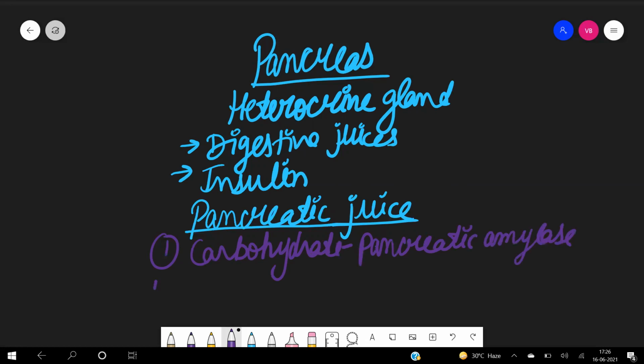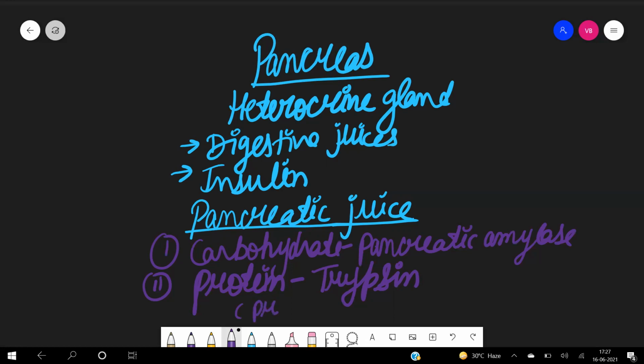Then for breaking down of your protein, special pancreatic juice is released, that is trypsin. Trypsin will break down the protein into what?